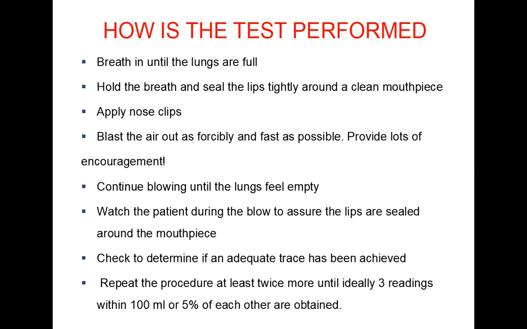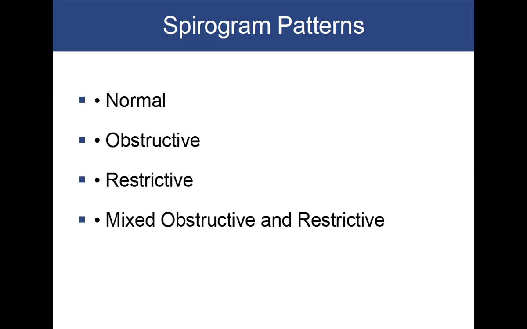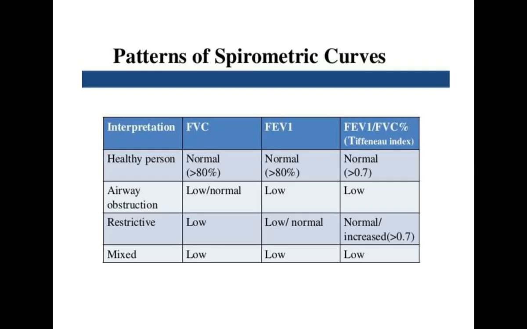Spirogram patterns are normal, obstructive, restrictive, and mixed obstructive and restrictive. So the spirogram curves may show, in a healthy patient, a forced vital capacity of more than 80%, the forced expiratory volume in 1 second is 80%, and the ratio is 0.7.